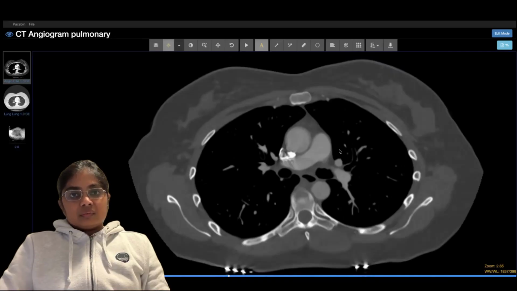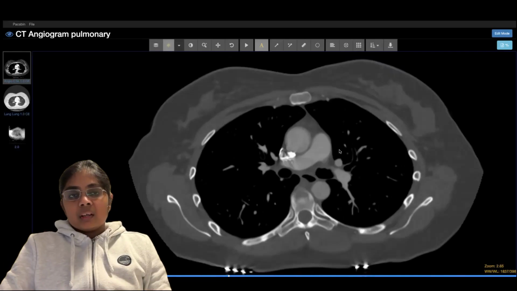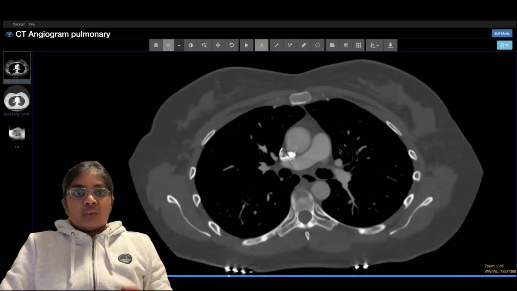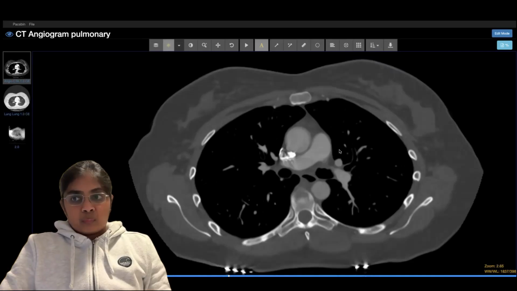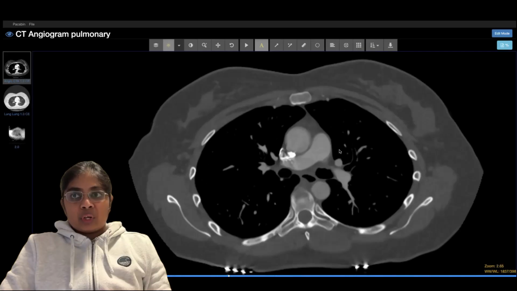So what I have done now is change the windowing slightly so that the contrast in the pulmonary arteries is not so bright. This is important because if the contrast is too bright, you may potentially miss pulmonary emboli.